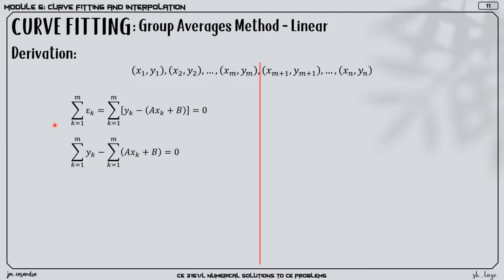So since the summation of e sub k is 0, we can simplify our equation as y sub k minus a x sub k plus b, and the summation sign can be distributed to the terms.